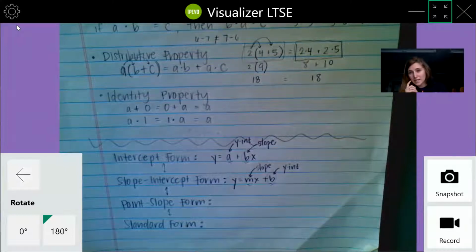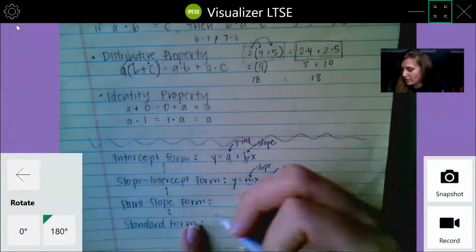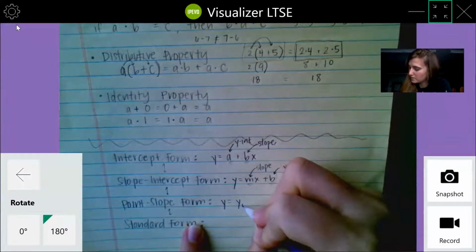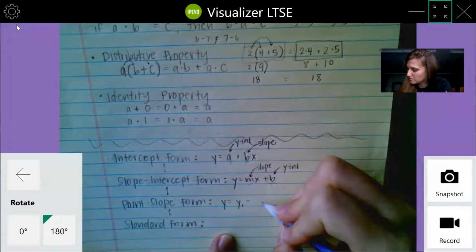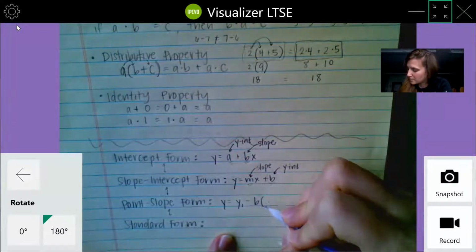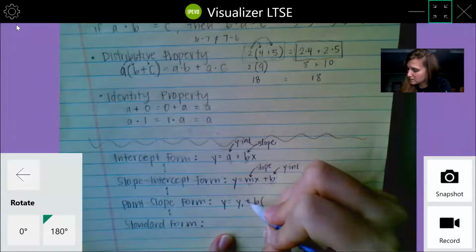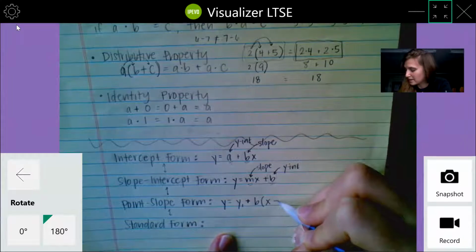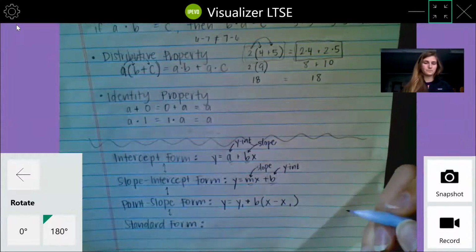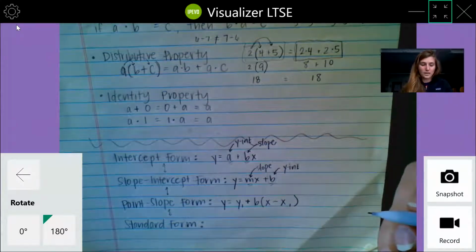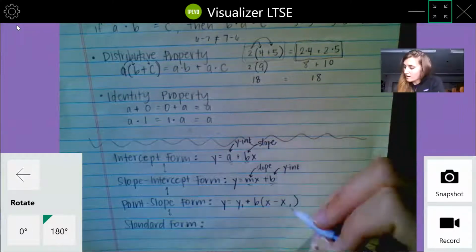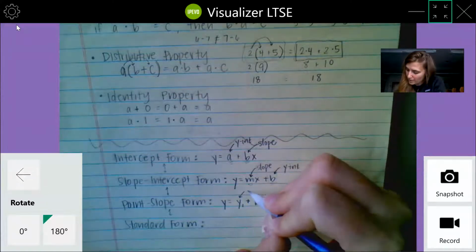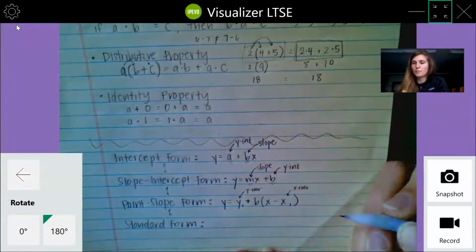All right, now we have point slope form. This was the last one we learned about. This is, again, y equals y1 plus b times x minus x1, where x1 and y1 are the x coordinate and y coordinate of a point on a line.